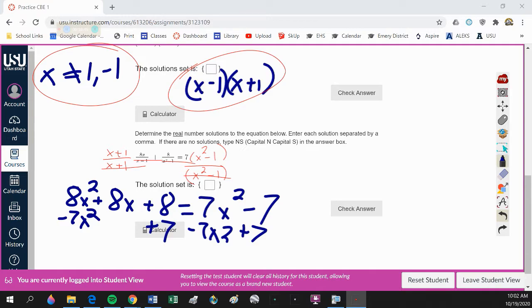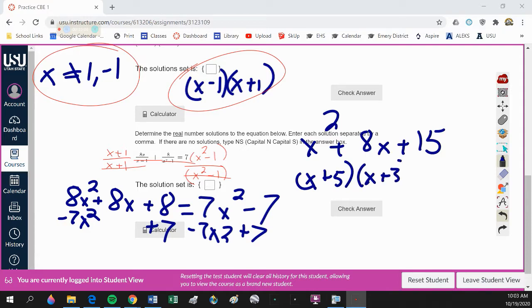That gives me x squared plus 8x plus 15. Does that factor? x plus 5 and x plus 3. Which gives me x is equal to -5 and -3. Are those answers okay? Yes. So both answers work.